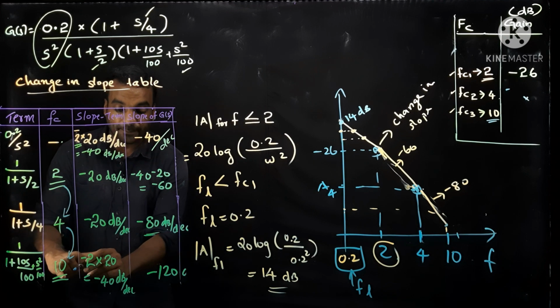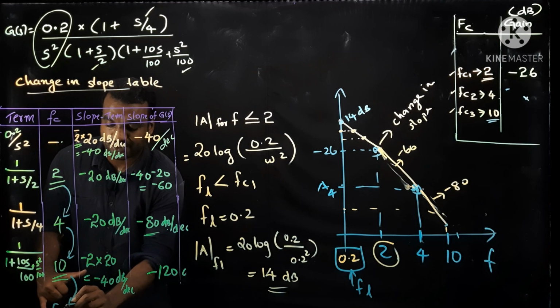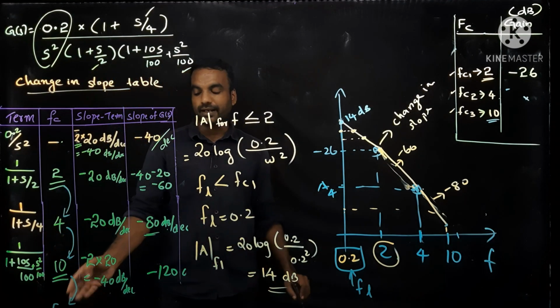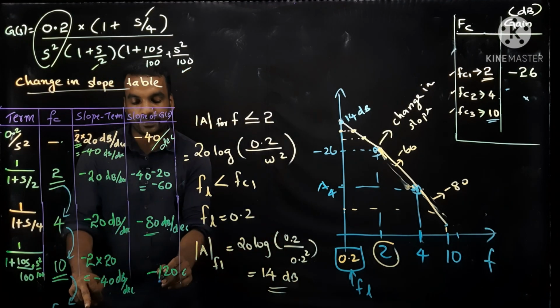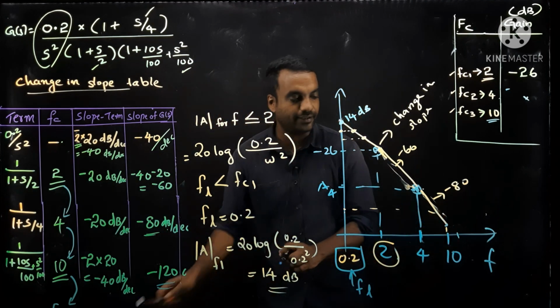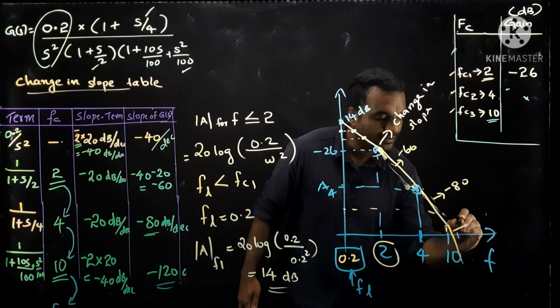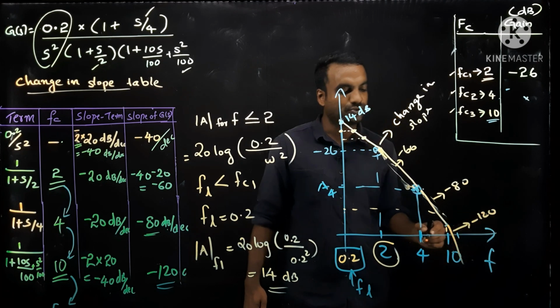But from 10 to some higher frequency FH, the slope should be minus 120. That means the figure will not end here. It is going like this. Minus 120 is also there.